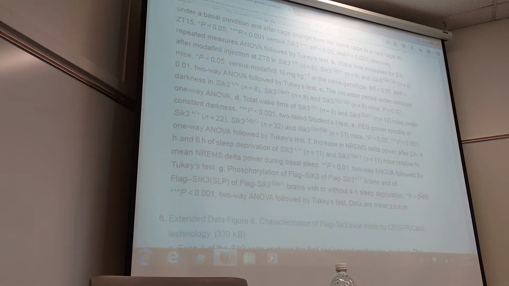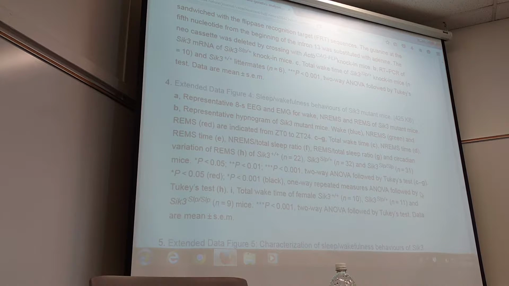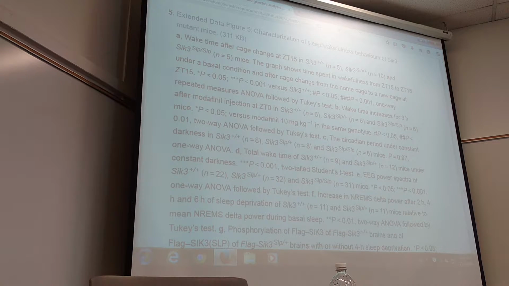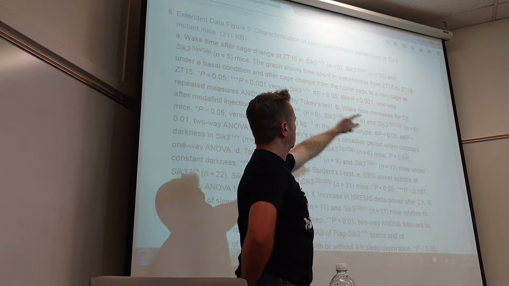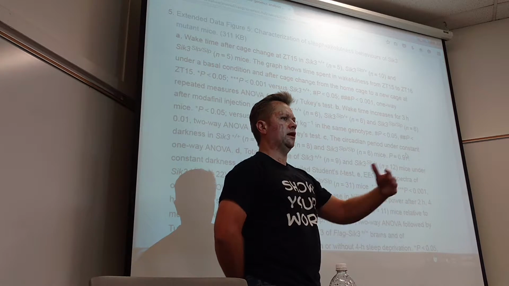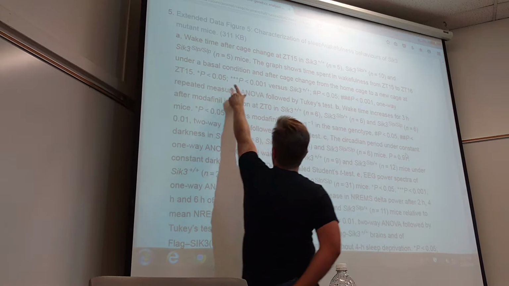Oh well, I can't. Shoot. Where did it go? Oh yeah, it is this one. Okay, there it is. So what they did here was they changed the cage. They took them from the home cage and took them to a new cage, and then they analyzed any difference in sleep. And did they find evidence of difference?